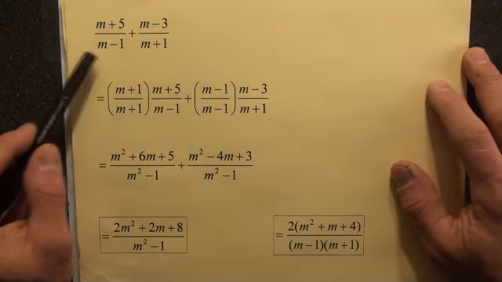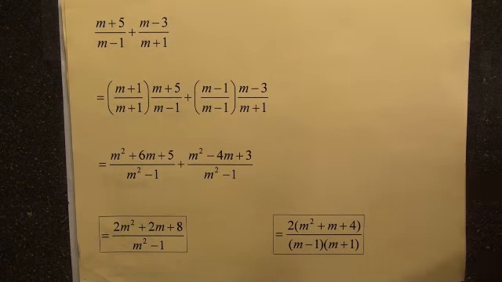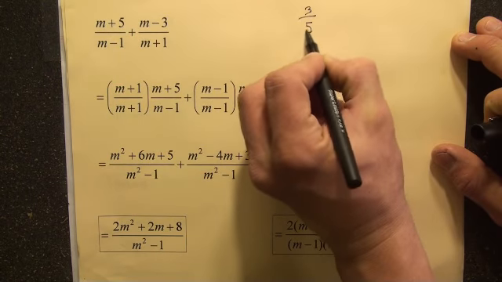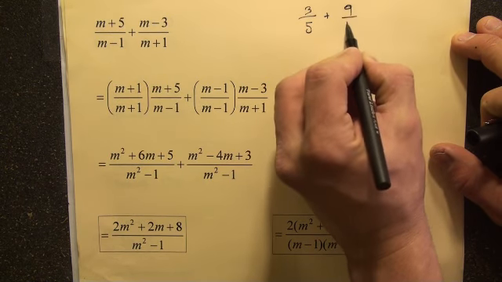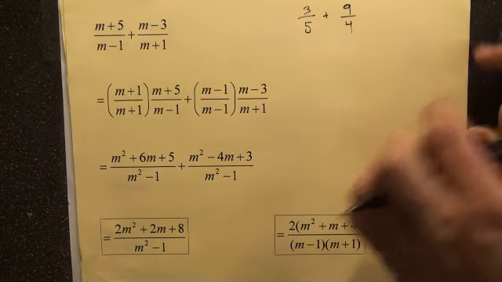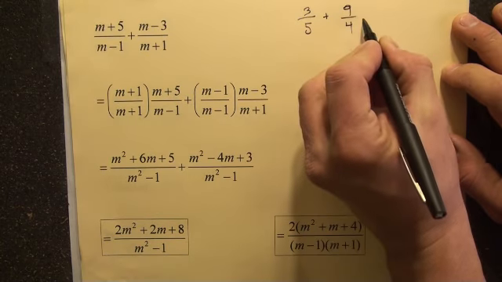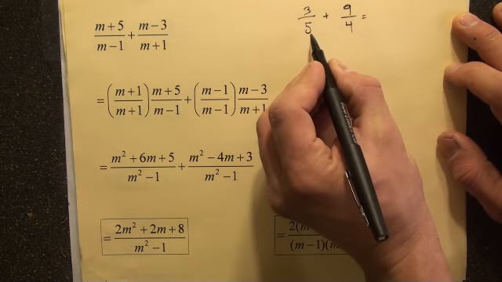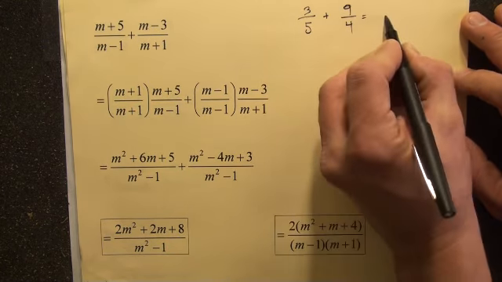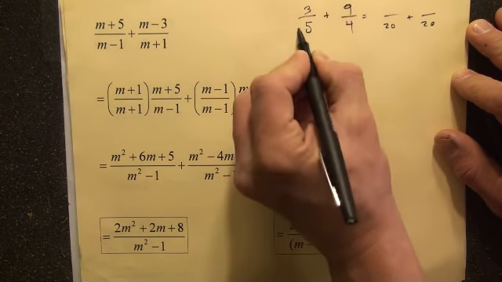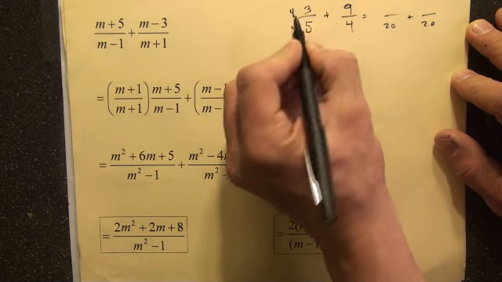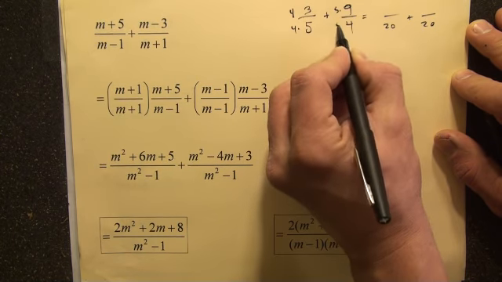Well, in adding two fractions together, so 3/5 maybe plus 9/4, one of the things you could do is make the denominators both 20. We'd change this to a 20, change that to a 20; we'd multiply this by 4/4 and this by 5/5.